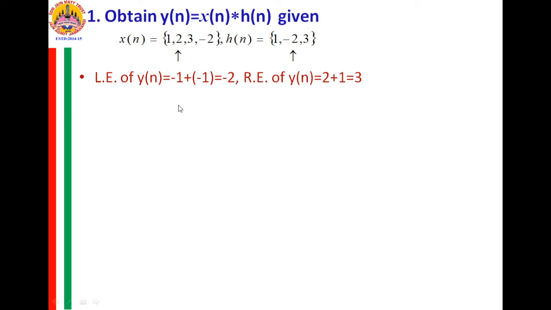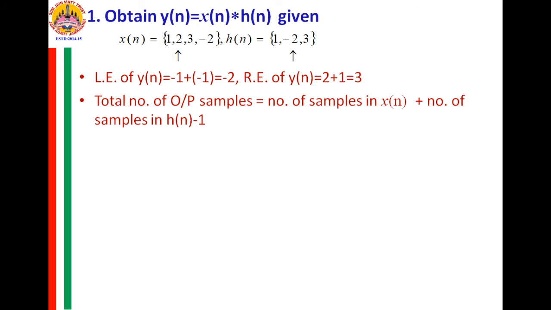So, total how many samples from minus 2 to 3? You observe, minus 2, minus 1, 0 and then 1, 2, 3, that is a total of 6 samples required to be found out in y of n. So, the total number of output samples is equal to the number of samples in x of n plus the number of samples in h of n minus 1.